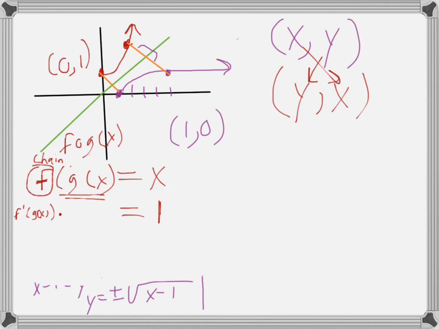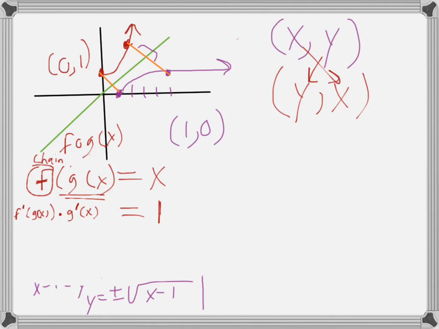But to that, you have to multiply it by the derivative of the inside stuff, which is just g prime of x. Okay? So here we have the derivative f prime of g of x times g prime of x equals 1.